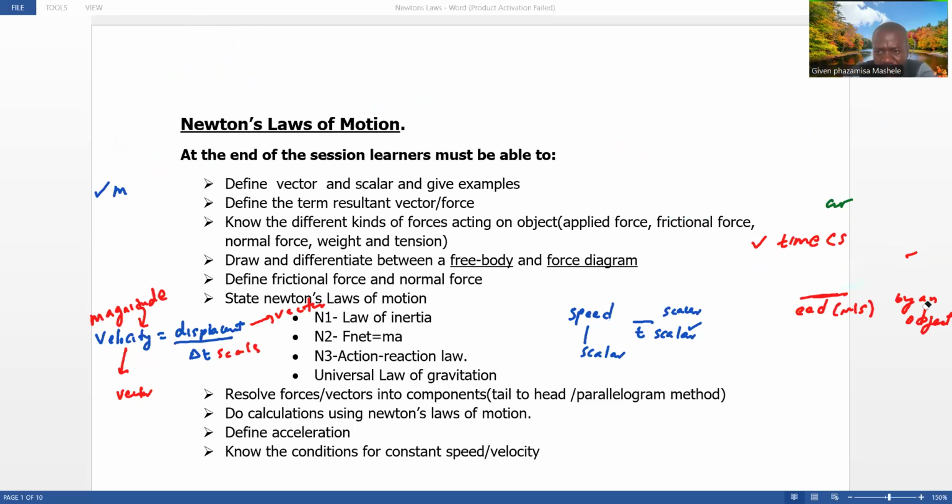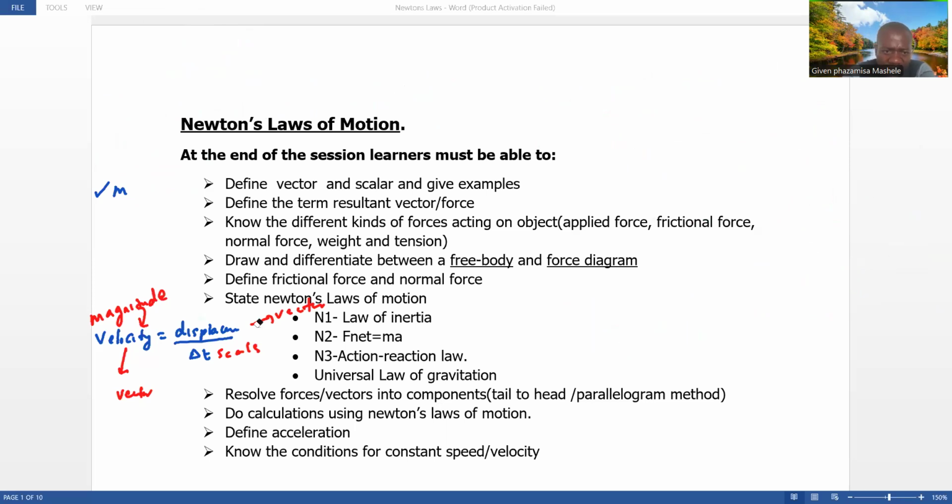Secondly, the definition of a resultant vector or a resultant force. It depends whether they're talking about a vector or a force. Now we know what is a vector. Right, what is a resultant vector or a resultant force? But this particularly is for grade 11.